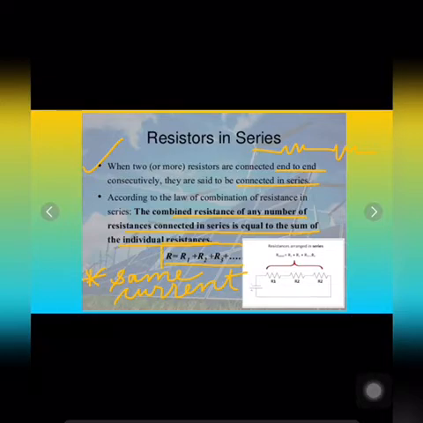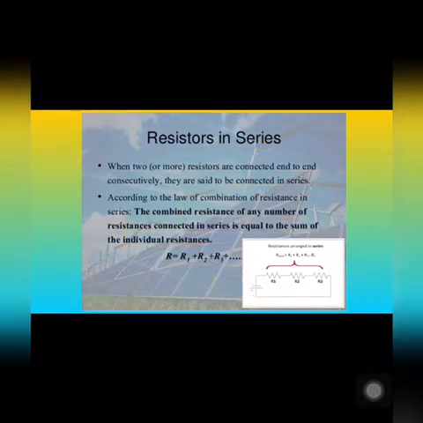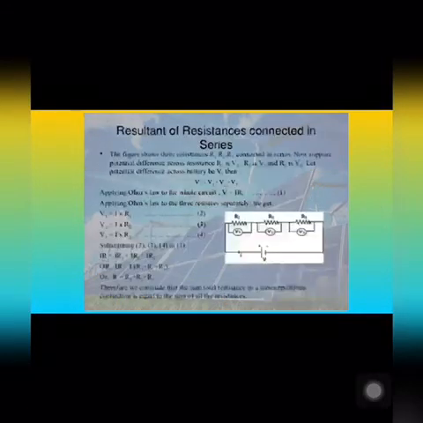For example, if I take two resistances of 3 ohm and 5 ohm, the equivalent resistance comes out to be 3 plus 5 equals 8 ohm. I hope this is clear to you all.